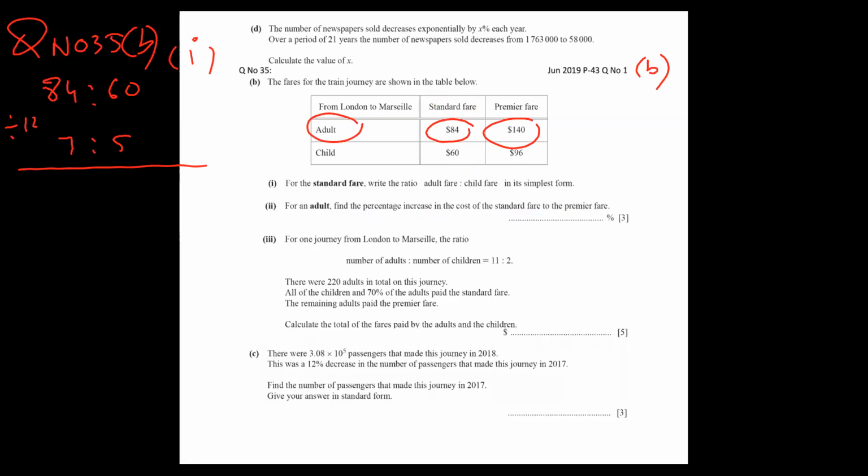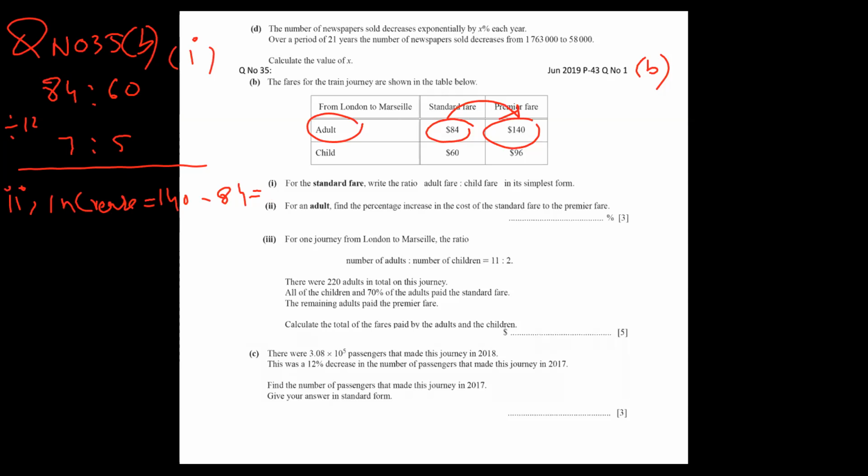Naturally there's an increase. So first of all I'll find the increase: 140 minus 84. The difference is $56.